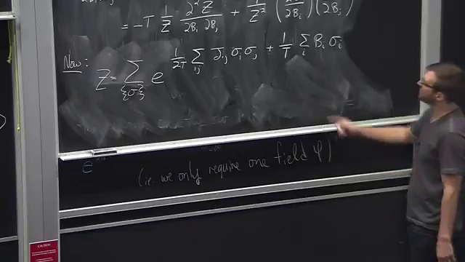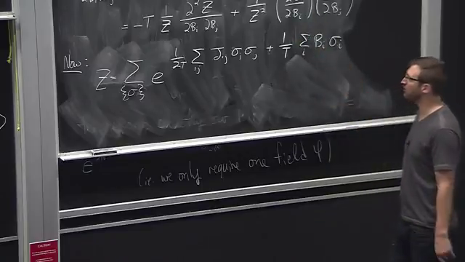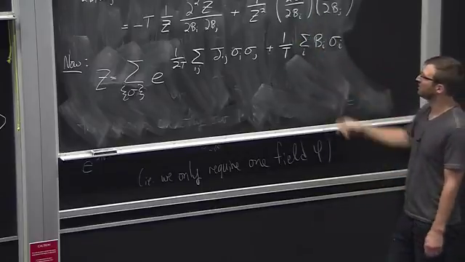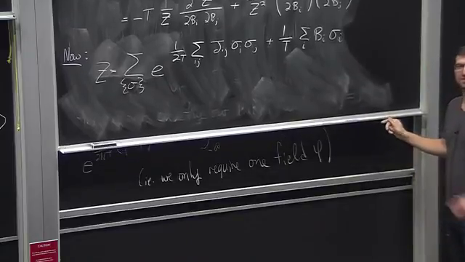That's the thing that we need the partial derivative of with respect to one of those on-site fields.